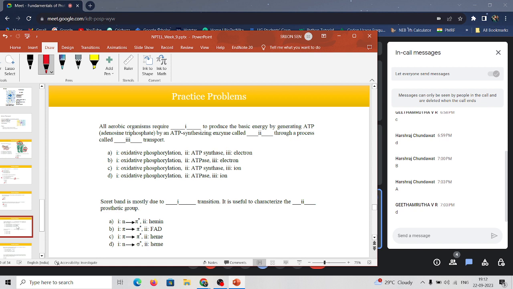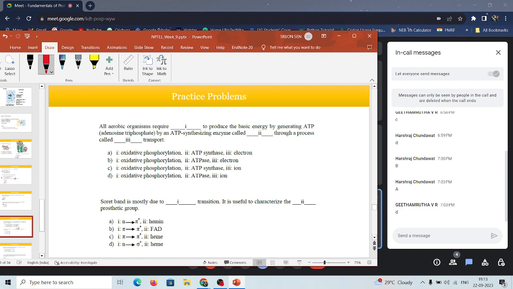Okay, the next one. All aerobic organisms require dash to produce the basic energy by generating ATP by an ATP synthesizing enzyme called dash through a process called dash transport. There are three fill in the blanks. The first one is oxidative phosphorylation.